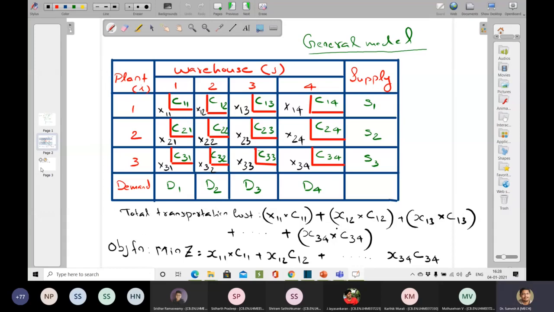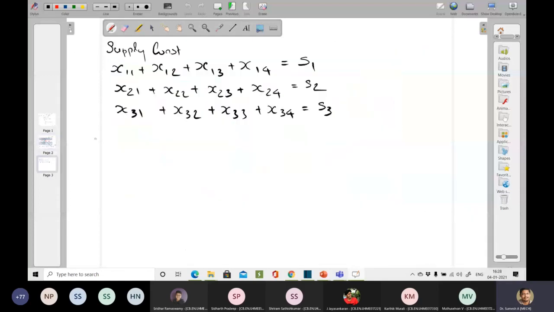So this equals S1, this equals S2, this equals S3. Similarly, you will have a demand constraint also, which will be in your columns. So there will be 4 demand constraints. After the supply constraints, you will have demand constraints. So the demand constraints will be X11 plus X21 plus X31 equals D1.